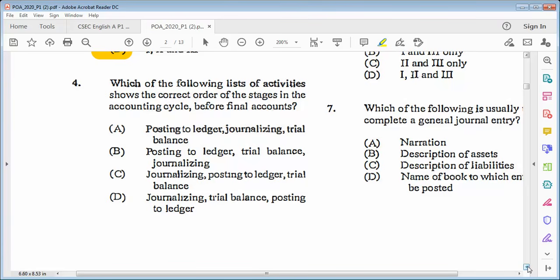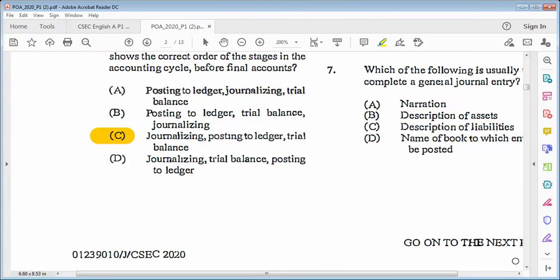C. Journalizing, then posting to ledger, then trial balance. Or D. Journalizing, trial balance, and then posting to ledger. We know our answer is C. First, journalizing, then post it to the ledger, and then to the trial balance.